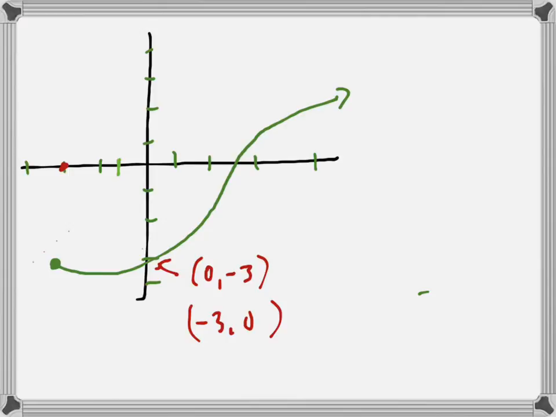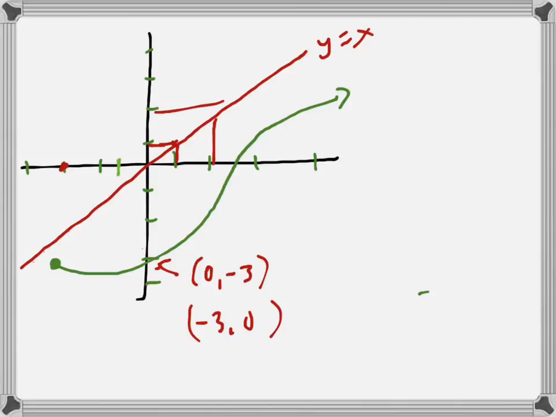Let me show you the kind of shortcut. This line I'm about to put here is the one I was saying is y equals x. It has a slope of 1, and it is a 45-degree angle, like it cuts the x and y axis directly in half. So what I can think about here is that this whole graph is like a mirrored reflection.